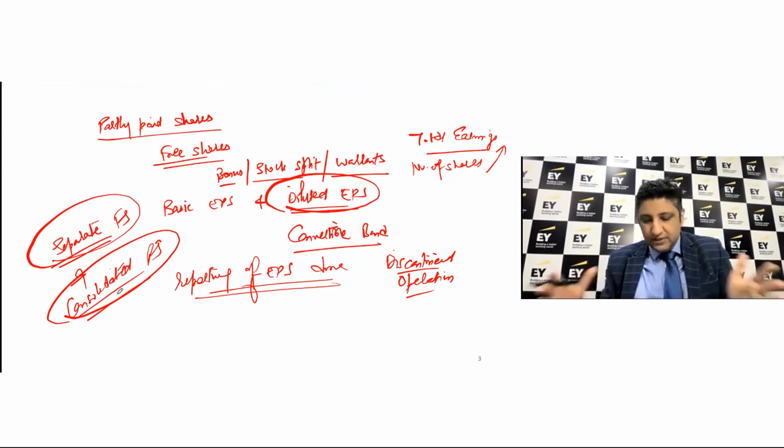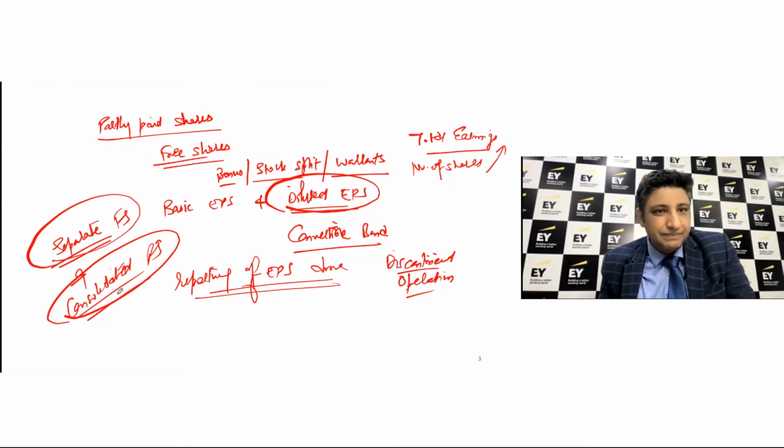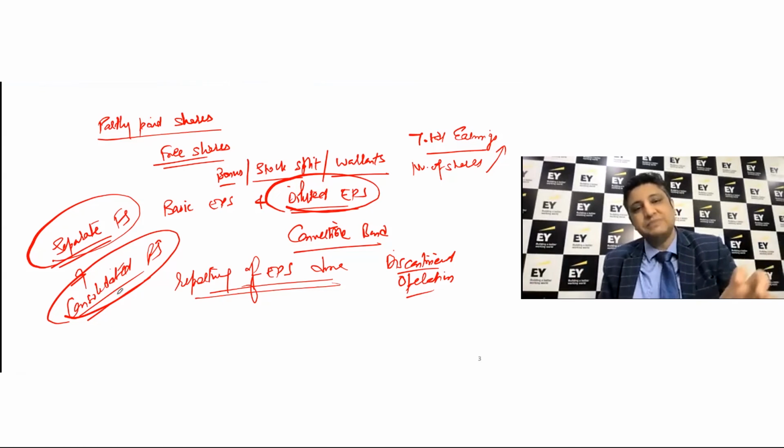So these are all the aspects that we intend to cover in our discussion for this topic, which is Ind AS 33. The one thing that you want to remember: higher the return, better it is. It suggests a better performance by the business. And the one aspect that you want to always bear in mind, and we're going to use that reference time and again, is that profit is a function of money.